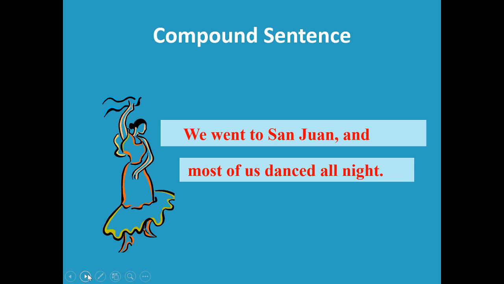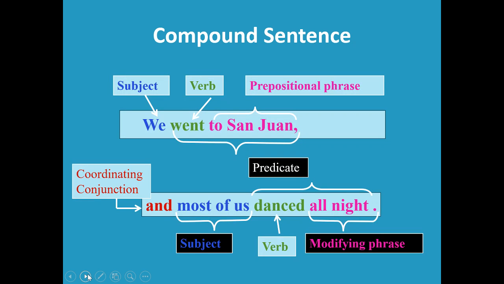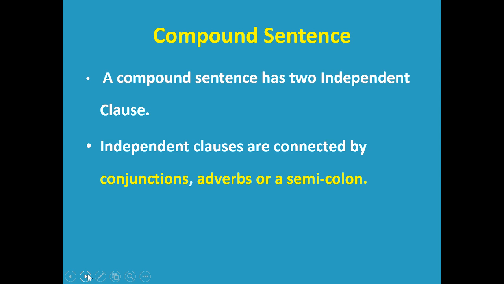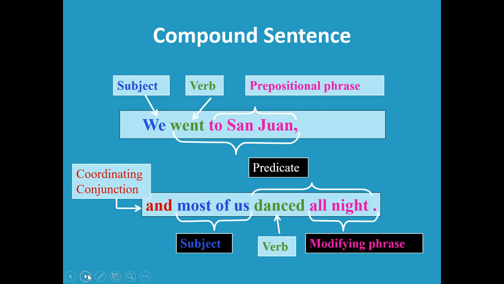We went to San Juan and most of us danced all night. What do you think are the clauses here? As we saw before, a compound sentence has two independent clauses. Therefore, what are the two independent clauses in this sentence?